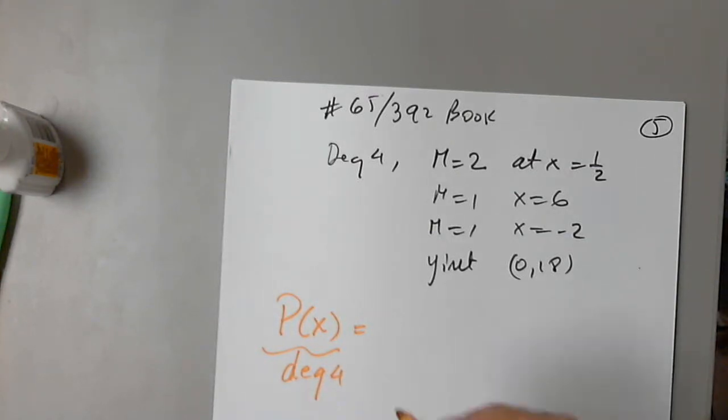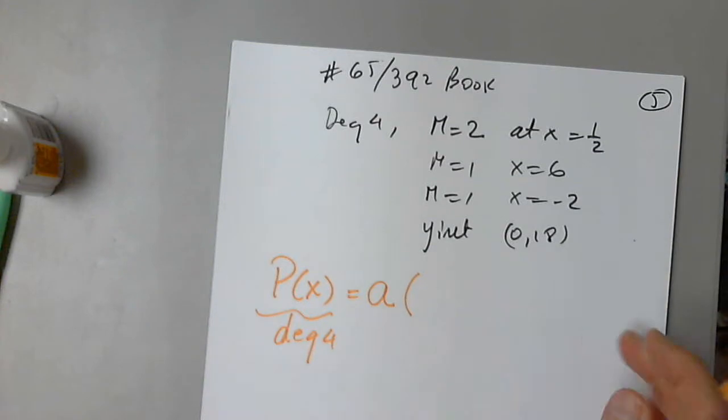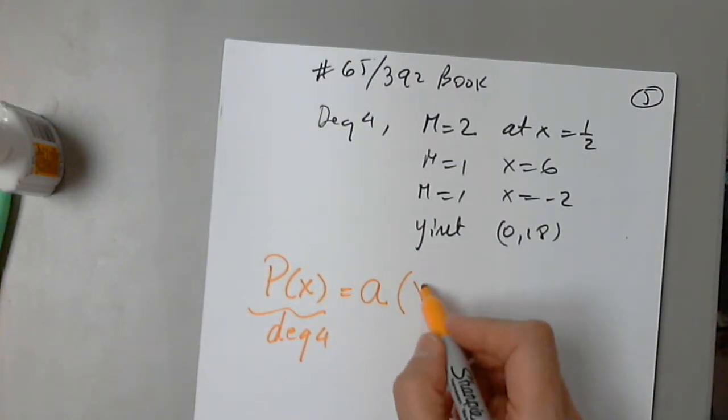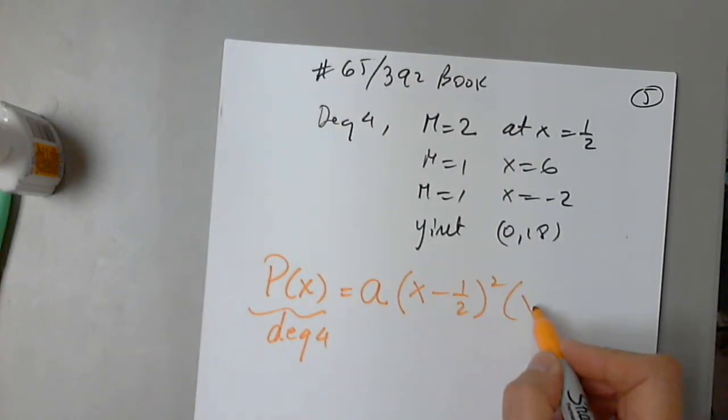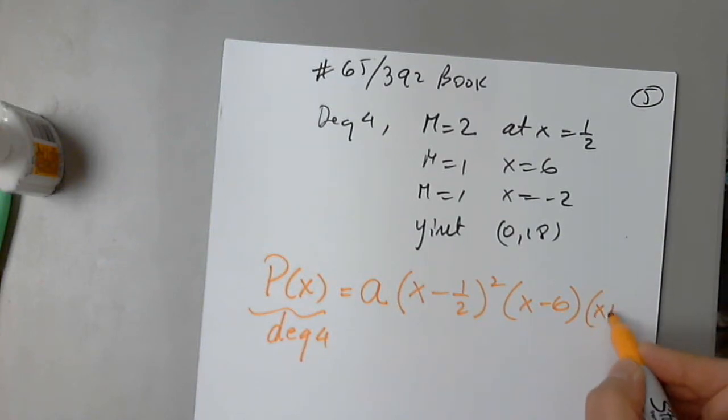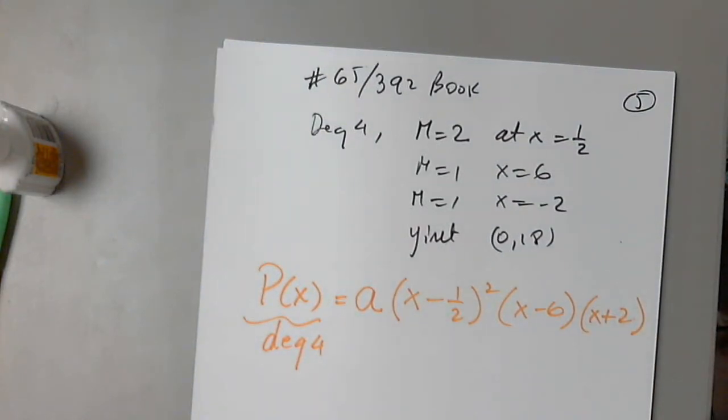So I do not know the leading coefficient of this polynomial, but I know it has to have (x minus 1/2) squared, (x minus 6), and (x plus 2). Would you agree so far? If it doesn't look like this, it will not have 2 solutions at 1/2, 1 solution at 6, and 1 solution at -2. Agreed?